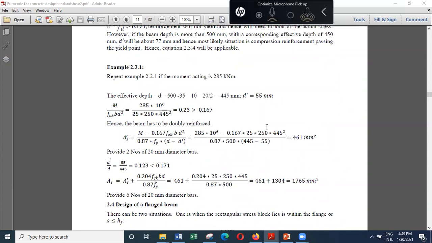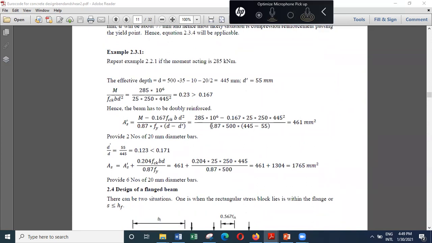Yes, here D dash over D is 0.123. So next, another two rows below. Yeah. This 0.123, yeah.